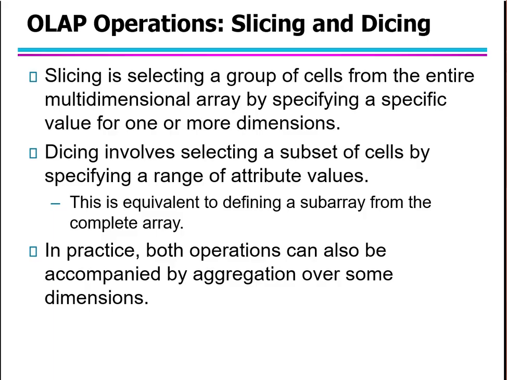For example, we might slice the sales data to look only at cells for a particular product. Dicing involves selecting a subset of cells by specifying a range of attribute values, which is equivalent to defining a sub-array from the complete array. In practice, both operations can also be accompanied by aggregation over some dimensions.